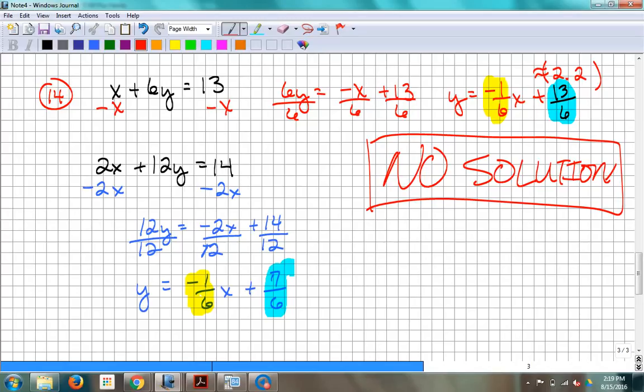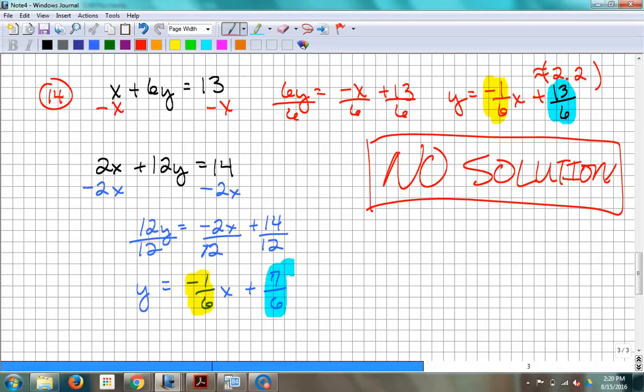15 through 23. The instructions say to determine the number of solutions to the system. So what are our possible answers for that? One solution, no solutions, or infinitely many solutions.